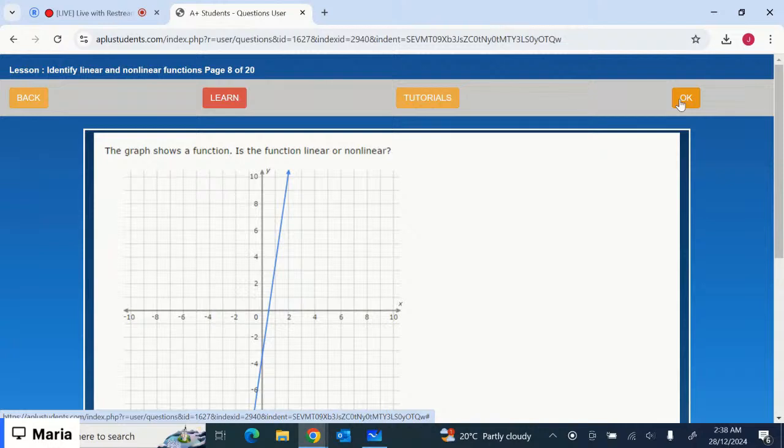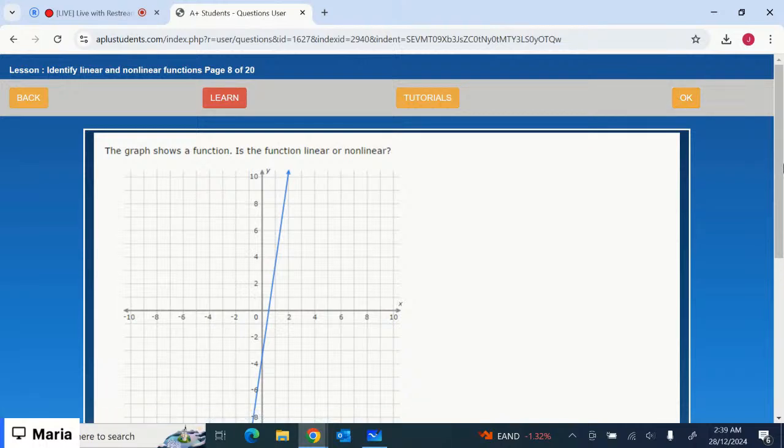The graph shows a function. Is the function linear or non-linear? That is a linear function, right?